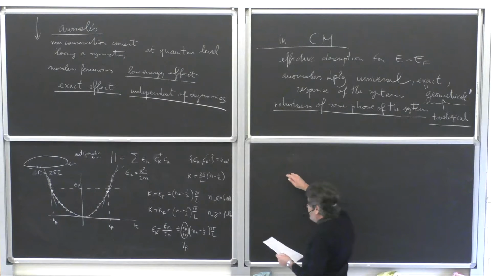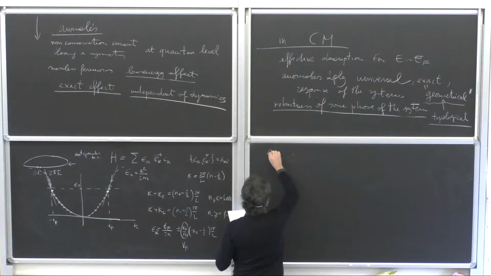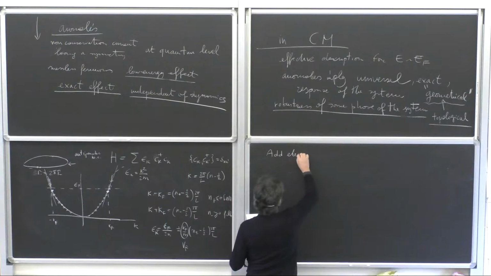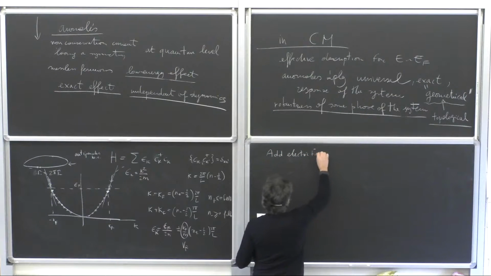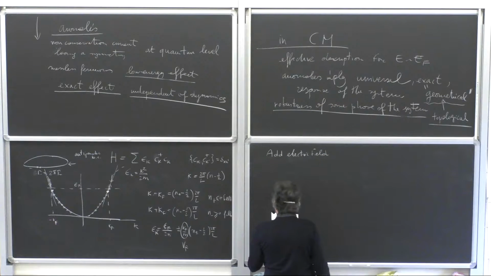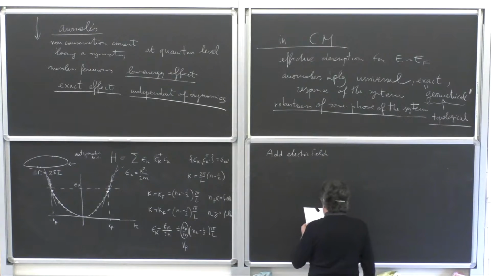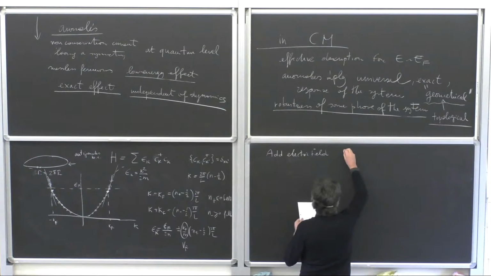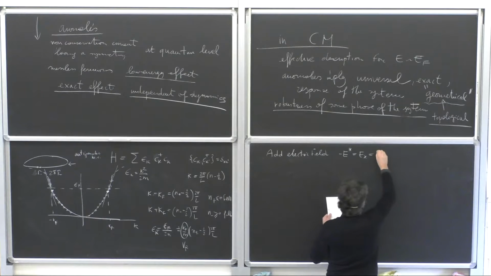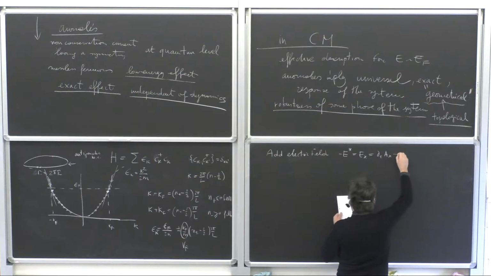I add an electric field. How do I add this? I take along the direction of the line, AX, which is equal to dt AX minus dx A0.